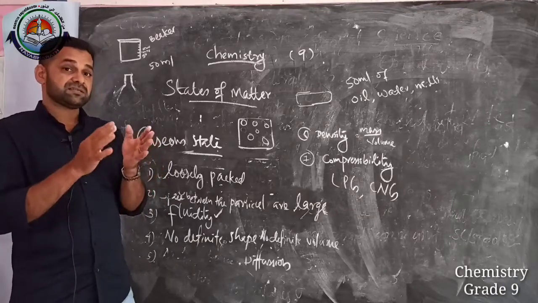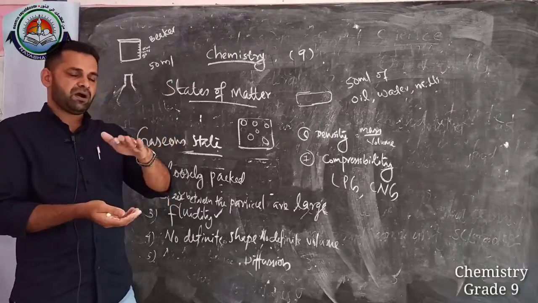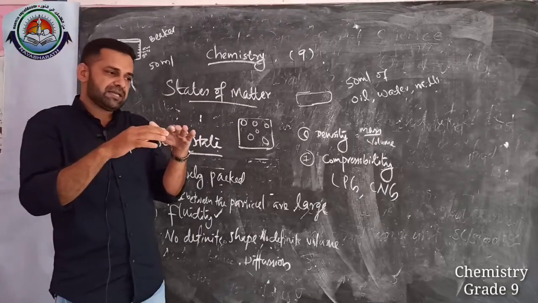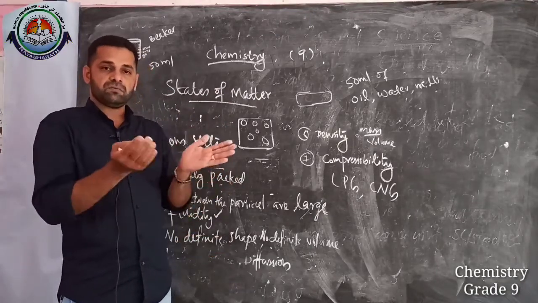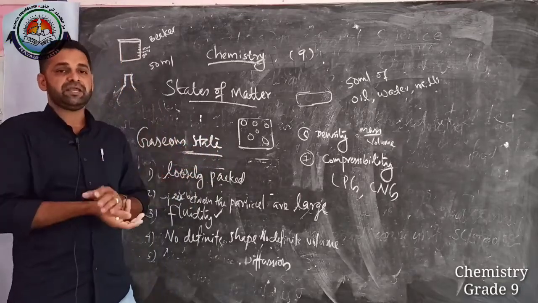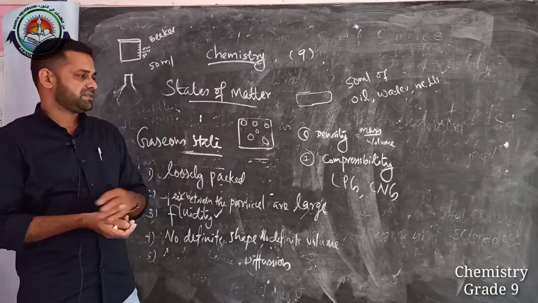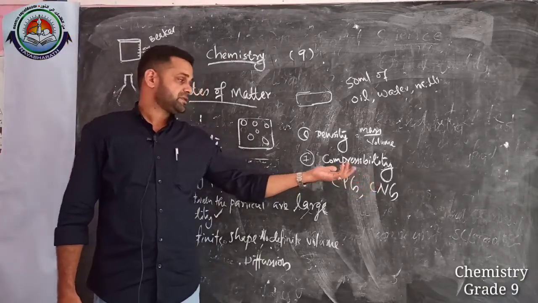Gases can be compressed under high pressure, so a large amount of gas can be occupied in smaller cylinders or containers, and that is why they are used in LPG and CNG.